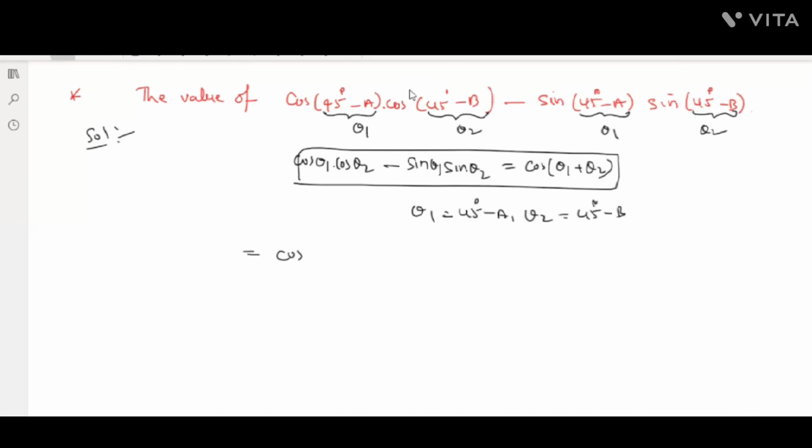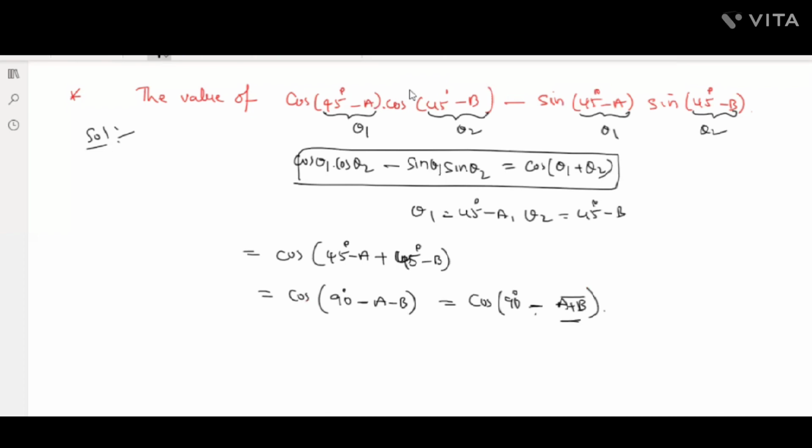So let's substitute that directly here. We will get cos of 45 minus a plus 45 minus b. That means you'll get cos of 45 plus 45, 90, minus a minus b. So we can write cos of 90 minus (a plus b), that means a plus b completely outside, we have minus.